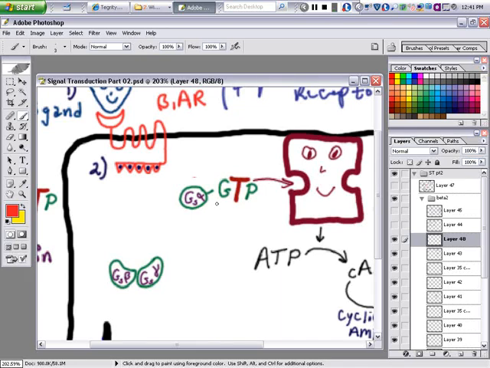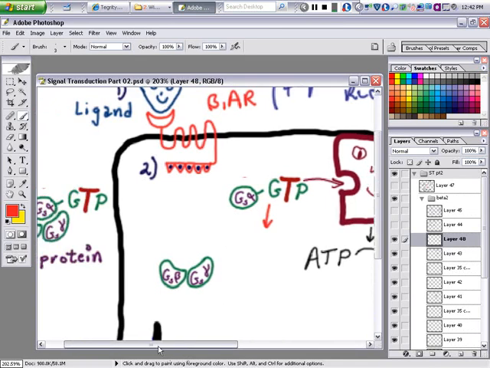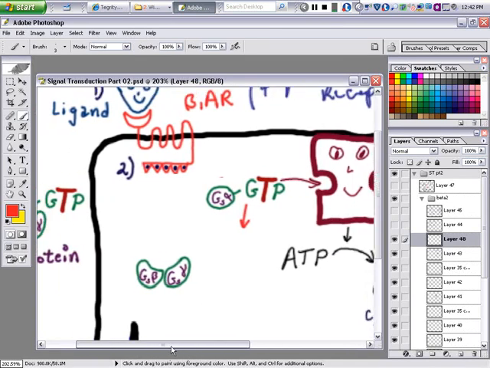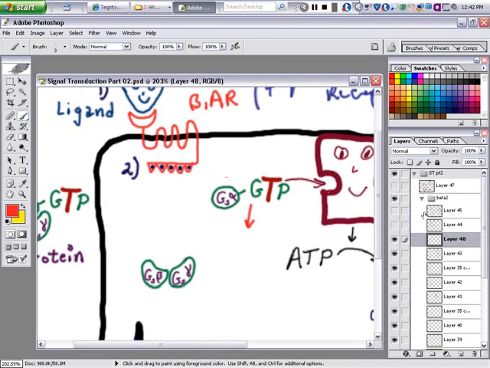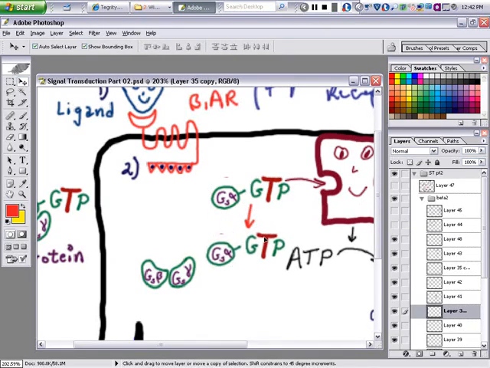And what it does, it converts itself back into this form, back into GDP.